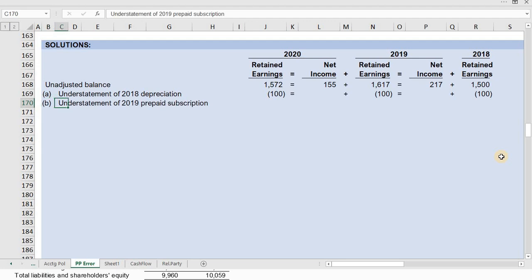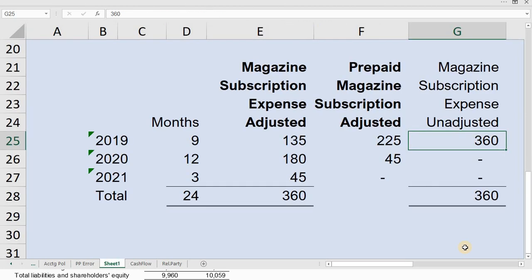Again, the net income in 2019 is understated because the expense recorded is overstated. So how much is the understatement of net income in 2019? Based on this analysis, the understatement of net income in 2019 is 225 pesos.